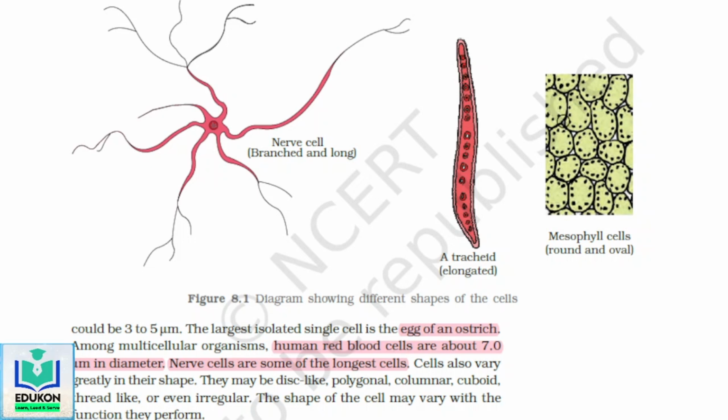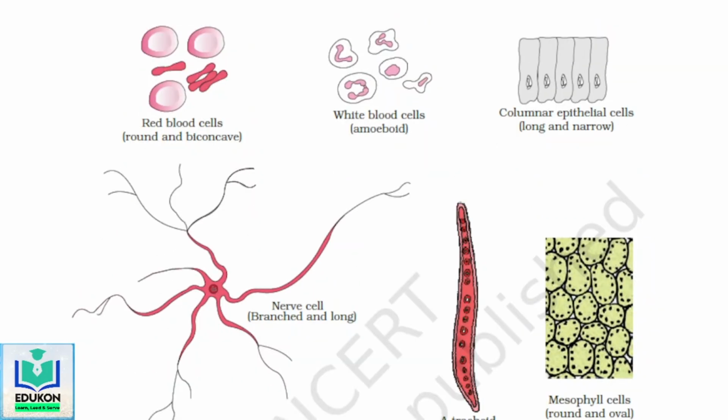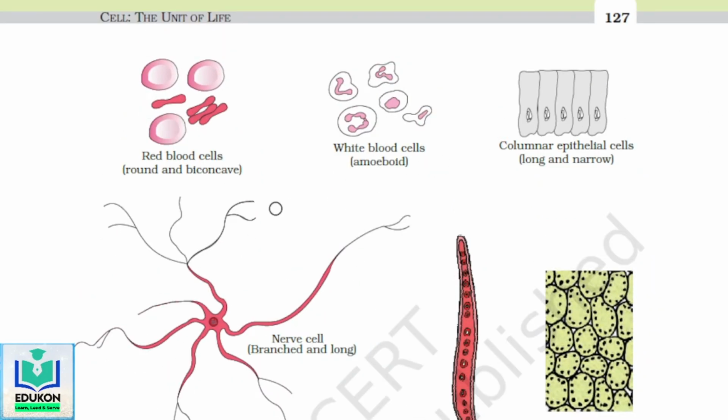Now we'll have a look at the different shapes of the cell here. Red blood cells, we have two types here. Some are round, some are biconcave. And here, white blood cells are amoeboid. Amoeboid means it can take any shape. It is shapeless, it forms into different shapes, like an amoeba. So white blood cells are amoeboid in shape.